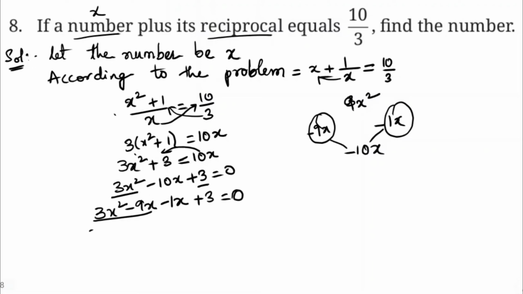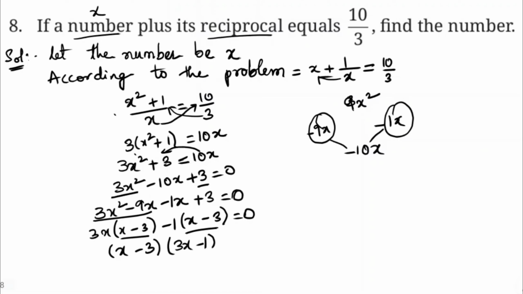Now we can take 3x common, so 3x into x minus 3, minus 1 common, x minus 3, is equal to 0. x minus 3 is common, so 3x minus 1 into x minus 3 is equal to 0. Let us take each as 0. So x minus 3 is equal to 0.